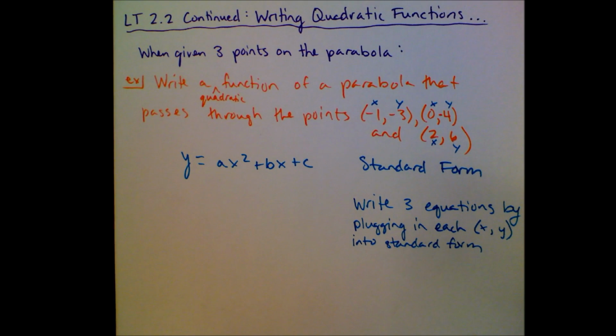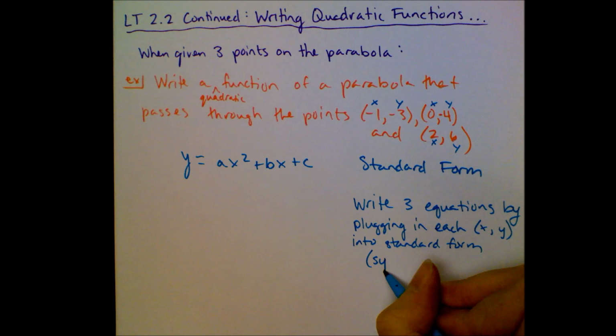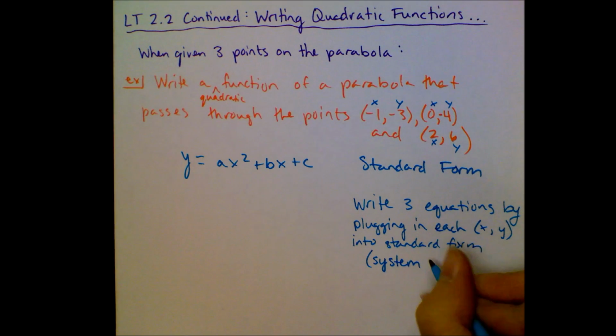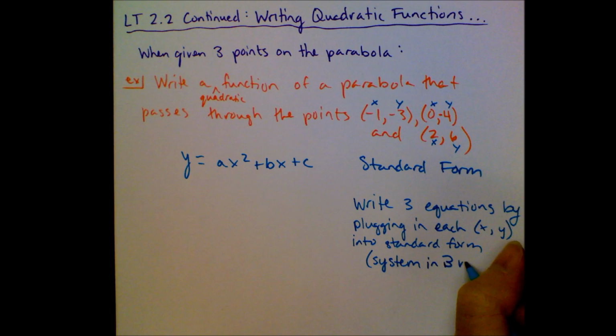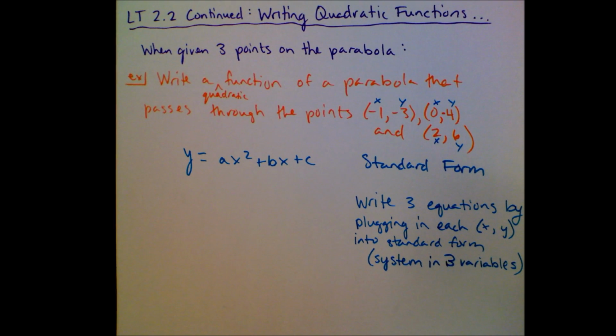Okay, and we'll have 3 equations. The name for multiple equations together is a system. A system in 3 variables. Do you remember doing that in our last unit, solving for x, y, and z? That's what we'll be doing here. It's just it won't be x, y, and z. It'll be a, b, and c.